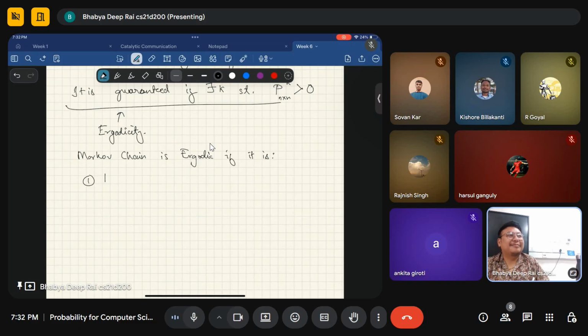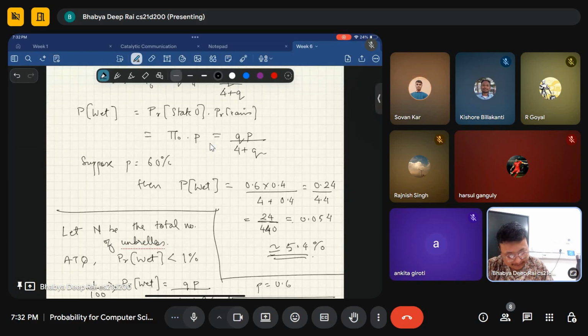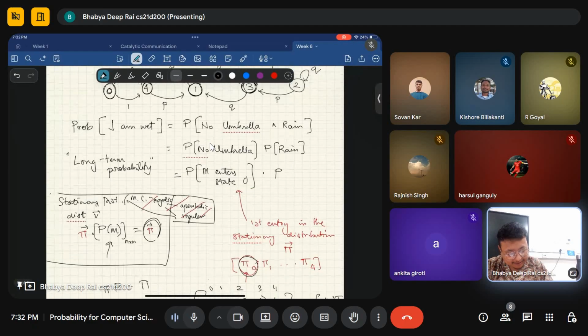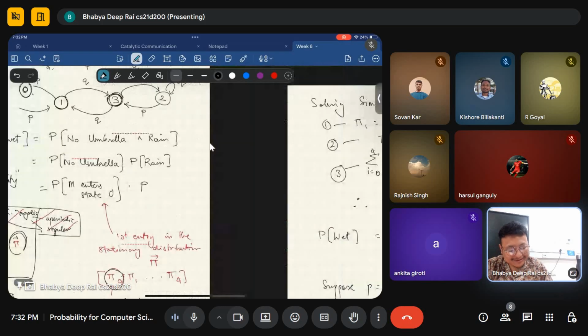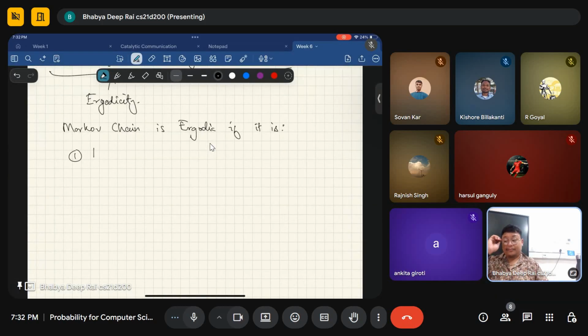What did I say that time? What is the term for it? Periodic. Yeah, periodic is one of them. That time also I said regular. It's not regular. Irreducible. Yes, irreducible, and aperiodic.